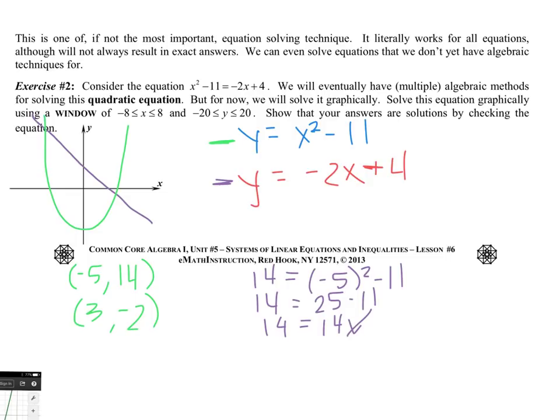The next one, I'm going to use a different color, is negative 2 equal to 3 squared minus 11? So is negative 2 equal to 9 minus 11? Yes, negative 2 is equal to negative 2. And then you can do the same thing for the other equation, but it will work. So there you go.